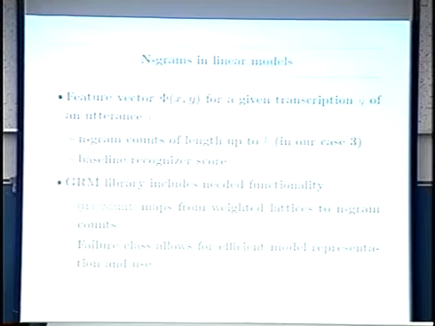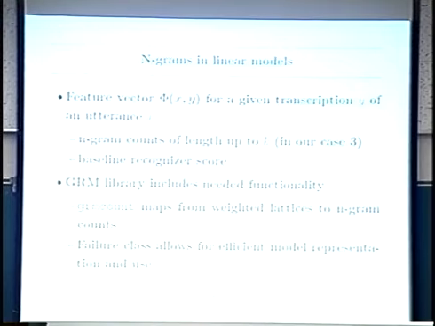Most of the algorithms that I'm going to explain are based on simple algorithms that are implemented in the AT&T FSM library, as well as the new GRM library. One functionality is GRM count, which is able to count these n-grams from weighted lattices: unigram, bigram, trigram counts in a lattice.